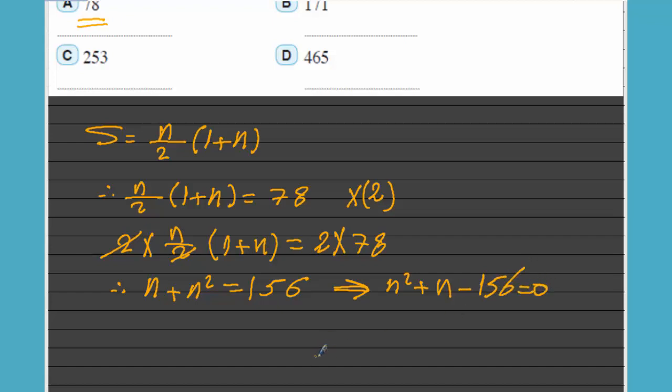Okay, now you can use a calculator to find the solution of this equation.